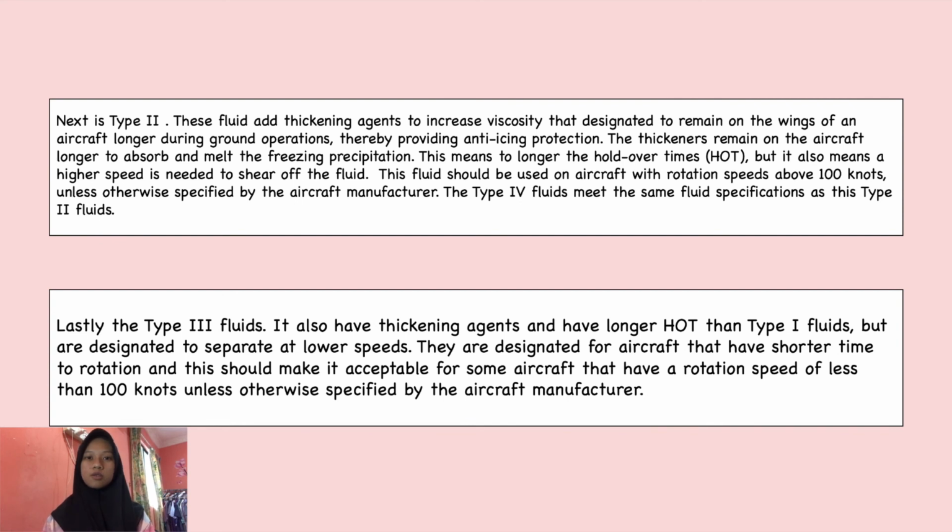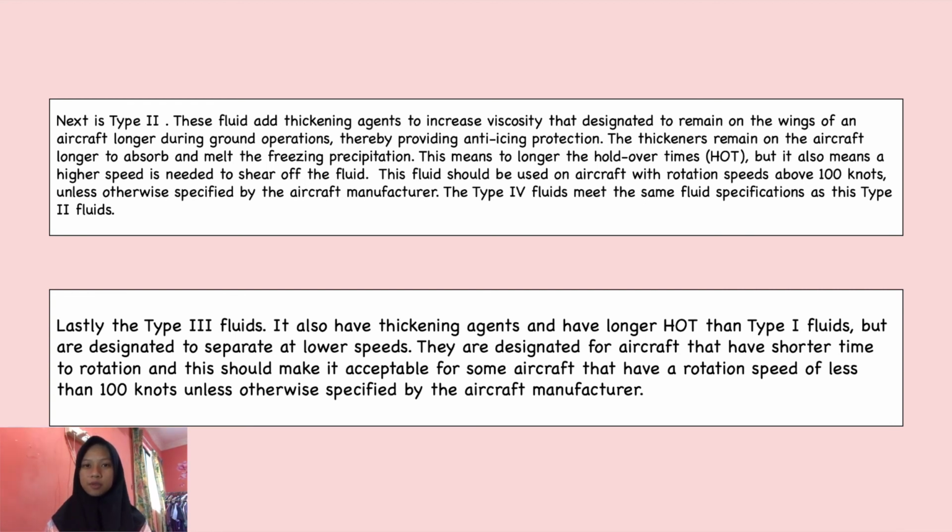This means longer holdover times, but it also means a higher speed is needed to shear off the fluid. This fluid should be used on aircraft with rotation speeds above 100 knots unless otherwise specified by the aircraft manufacturer. The Type 4 fluids meet the same fluid specification as the Type 2 fluids.